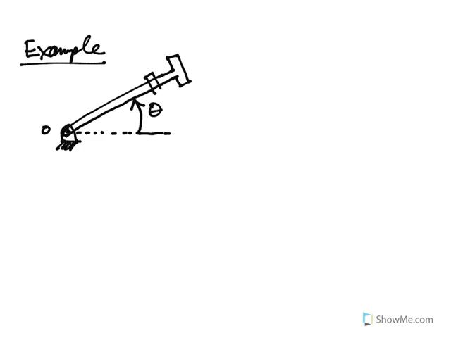Sliding on the arm is a collar. The collar is going to be located at a point P, and the distance between O and P is going to be R.